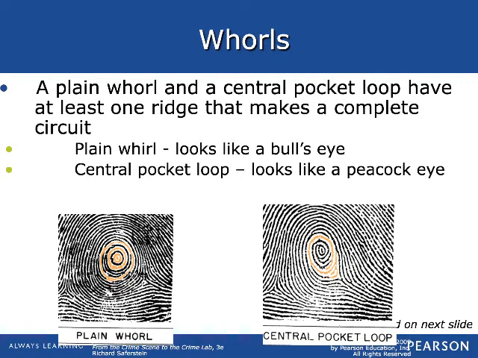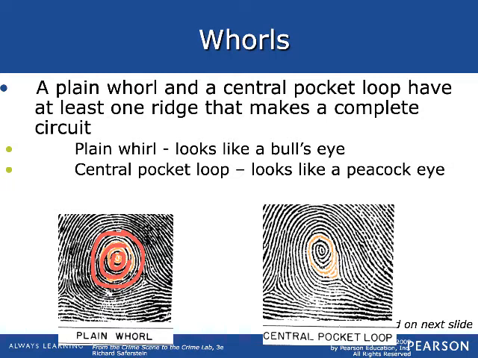Okay, so a plain whorl and a central pocket loop, they have one ridge that makes a complete circle. Okay, so a plain whorl tends to look like a bullseye, so it's got circles inside of each other. So a bunch of circles inside of each other, that's called a plain whorl.